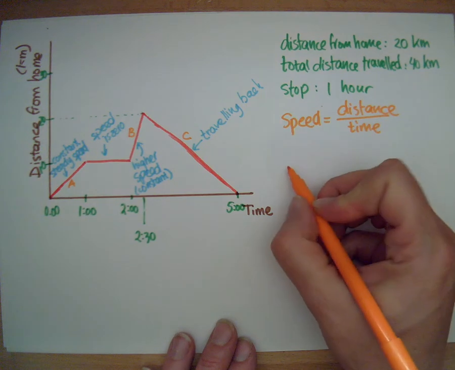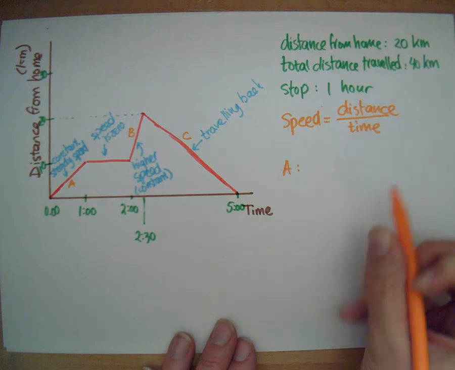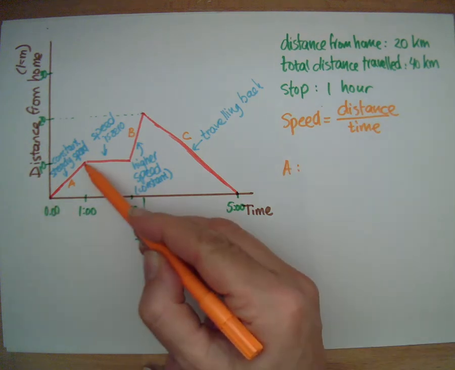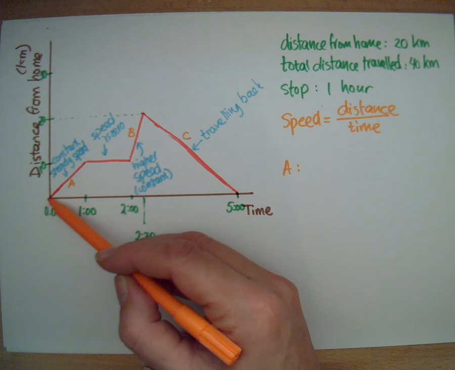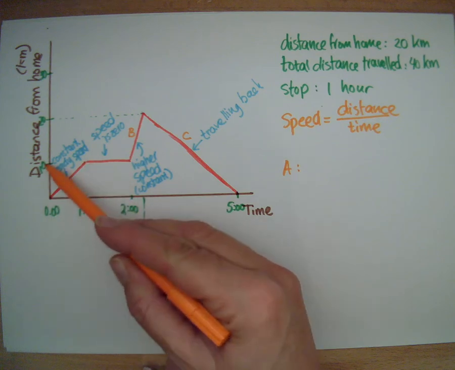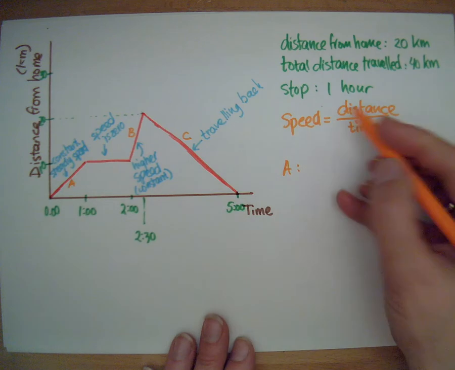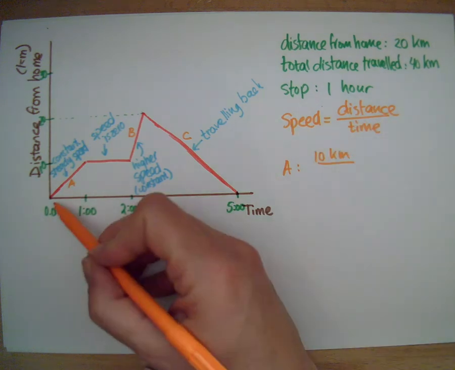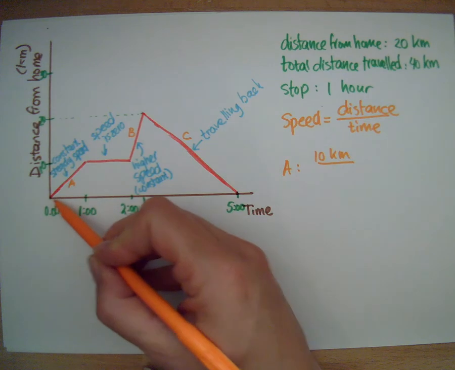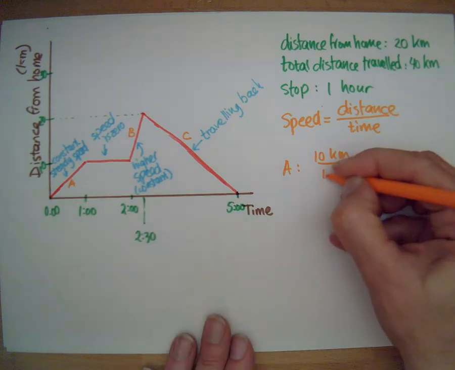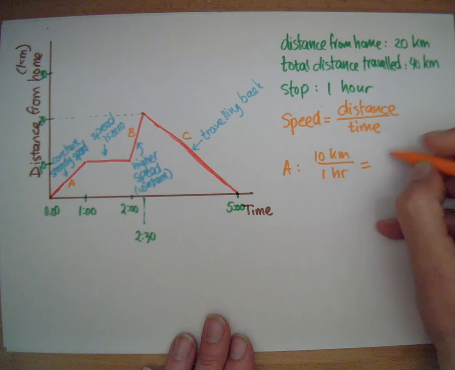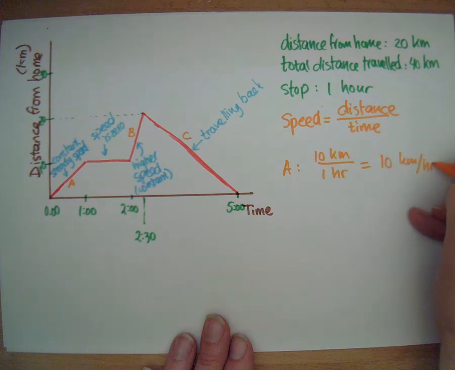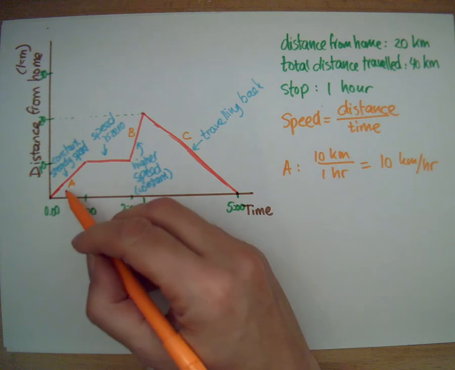Yes? So for A, what is the distance that we traveled? We traveled from our house, 0, to 10 kilometers away from our house. So we traveled 10 kilometers. And how long did that take us? From 0 to 1 hour. So 1 hour. So our speed was 10 kilometers per hour over the stretch that we've labeled A.